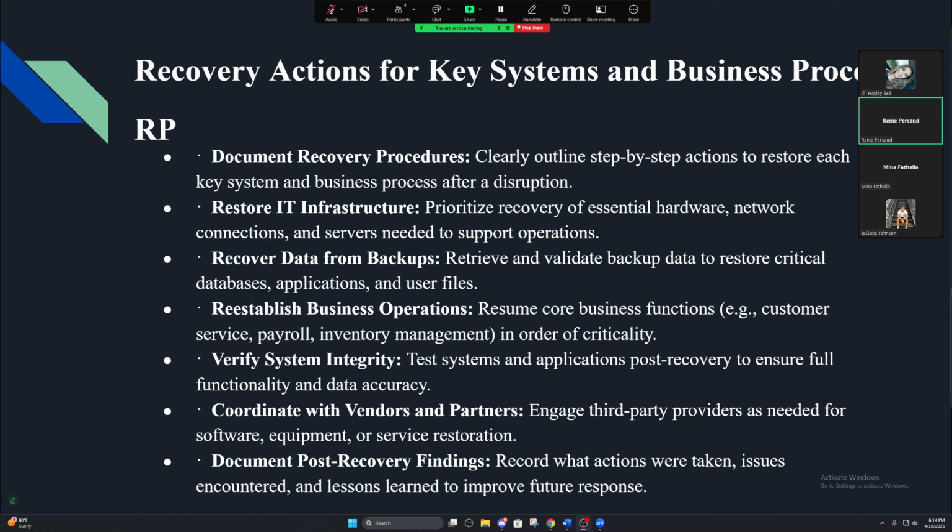Coordinate with vendors and partners: engage with third-party providers as needed for software, equipment, or service restoration. Document post-recovery findings: record what actions were taken, issues encountered, and lessons learned to improve future responses.